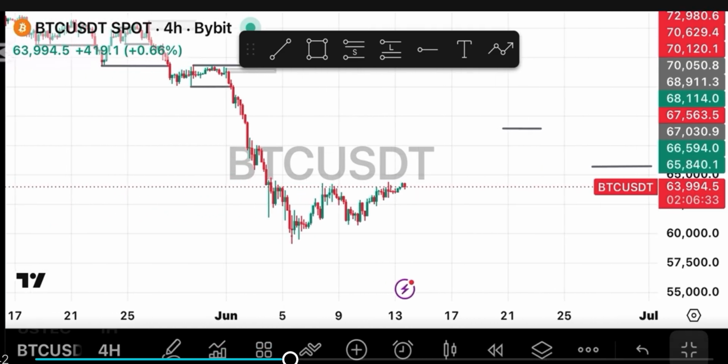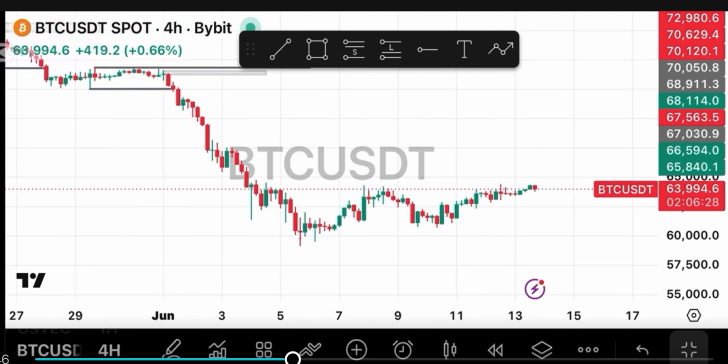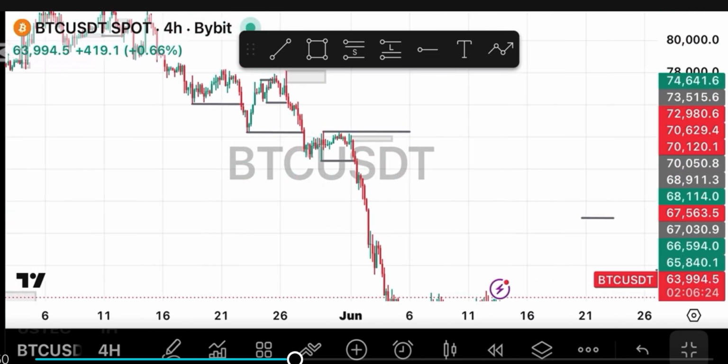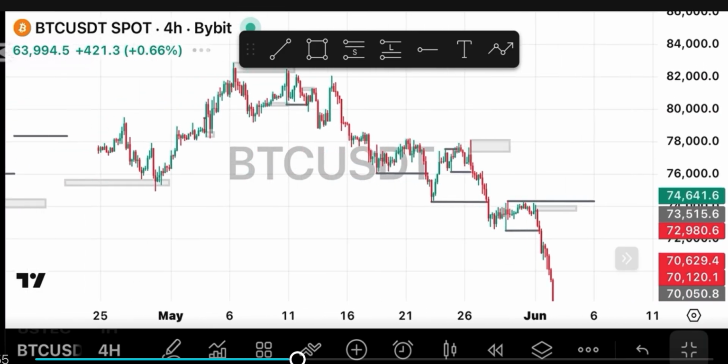So this is Bitcoin USD at the moment, right? So let's follow the market down, down, down from this point, okay?